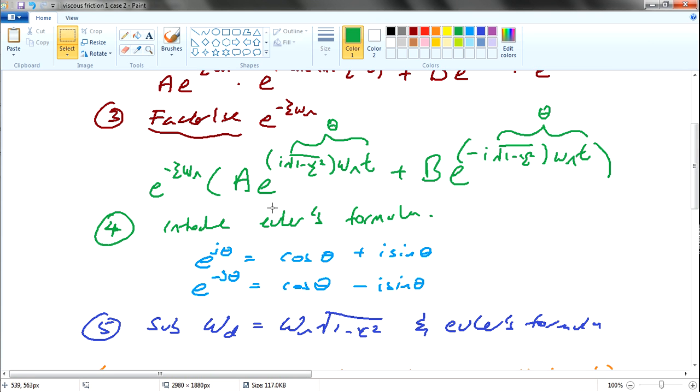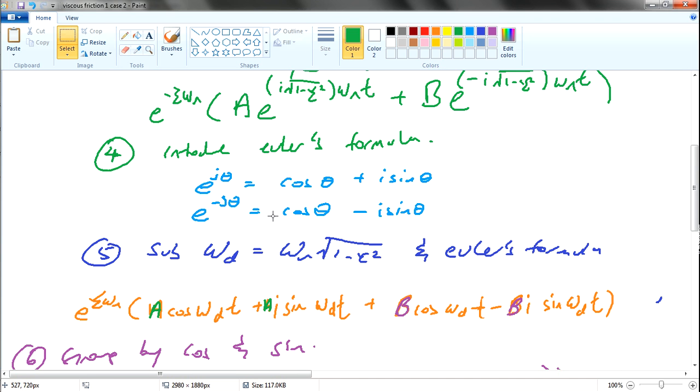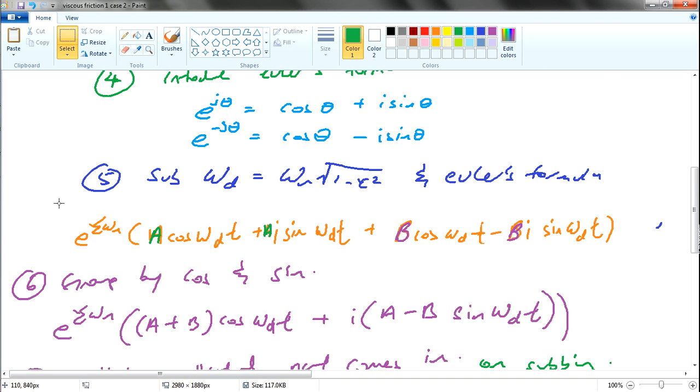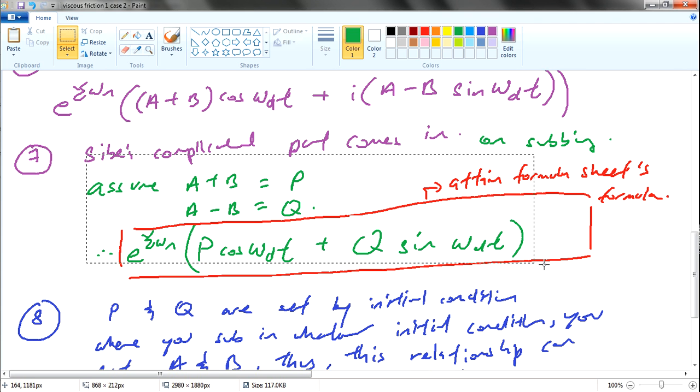After which you introduce Euler's formula and the damped frequency, which is just more subbing in. Once you sub this into this form, you group them up, and then you sub in p and q, so you obtain this equation.